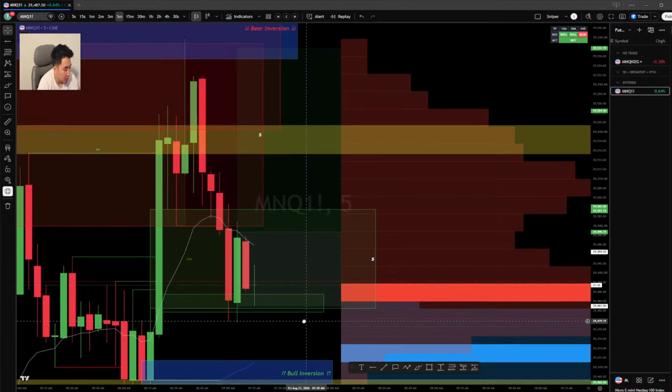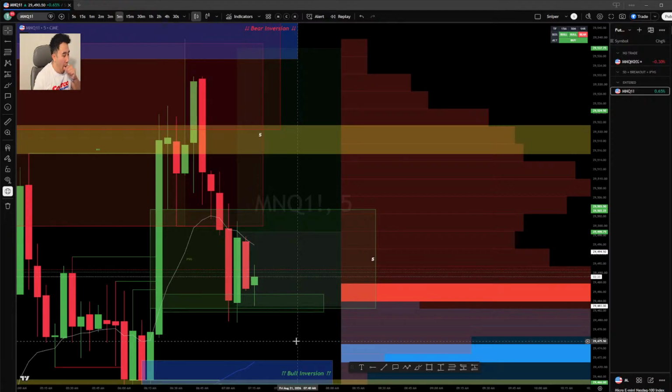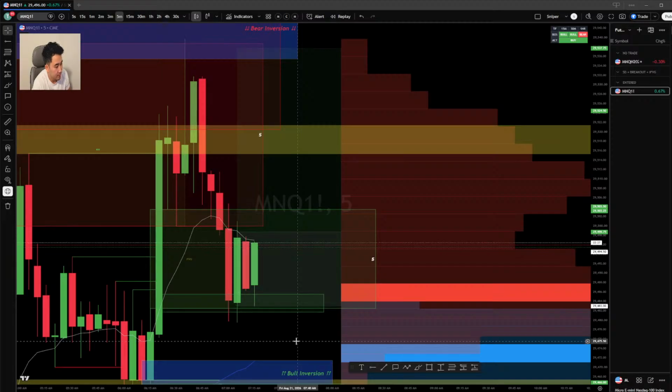Don't need this anymore. I'm just gonna delete that. We have 2 minutes 30 seconds, about 2 minutes 40 seconds, for this candle to push up and close above that 13 EMA for entry, and if not, we're done. There's that push here.